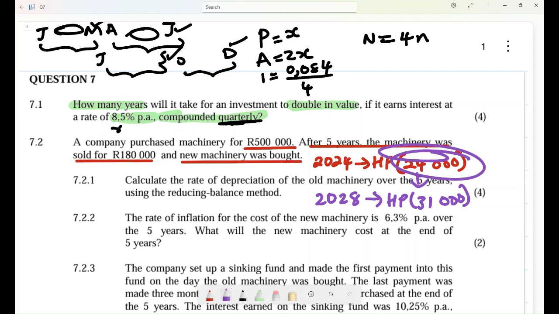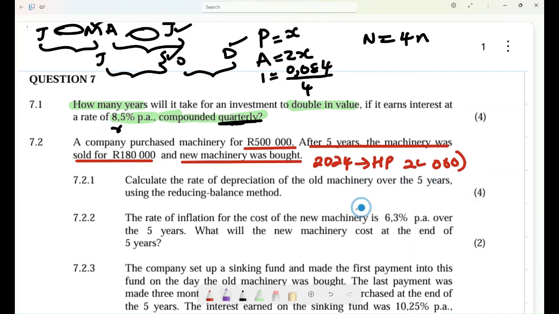This laptop is at the store, not at home. At home, if you are using it, it depreciates. But if it is at the store, it inflates. So if the store is selling the same brand after 4 or 5 years, it's gonna inflate. But you as the owner wanting to sell this laptop, it's gonna depreciate. Those are the words that you should be familiar with.